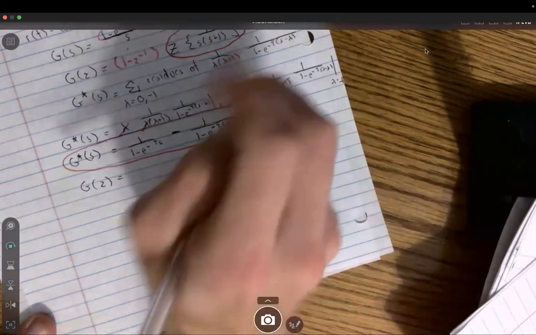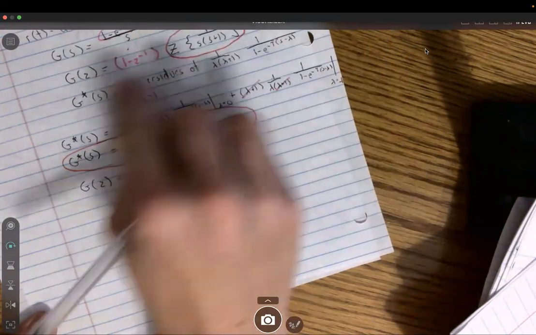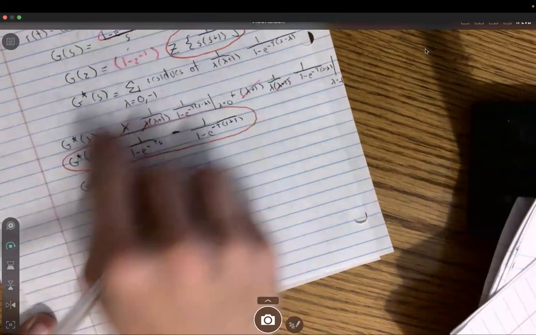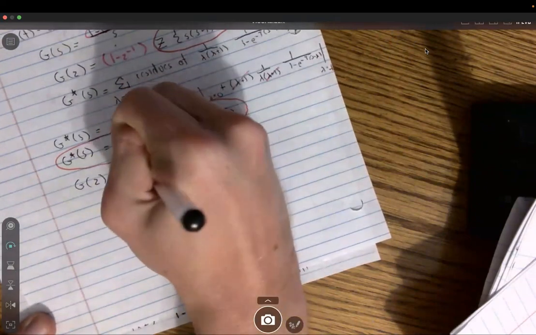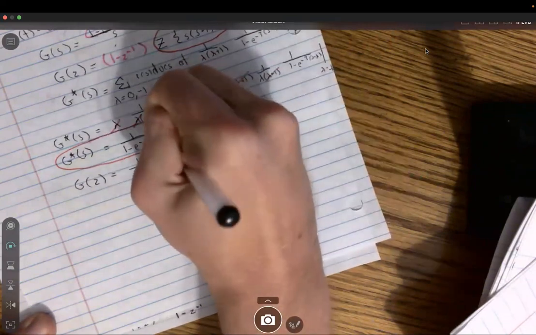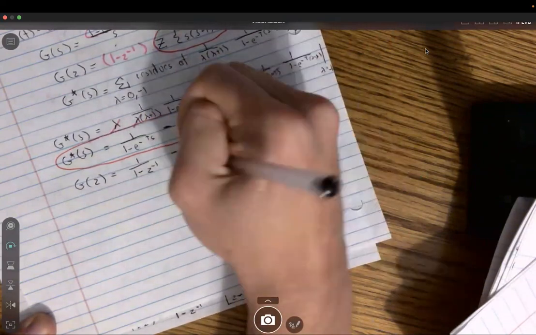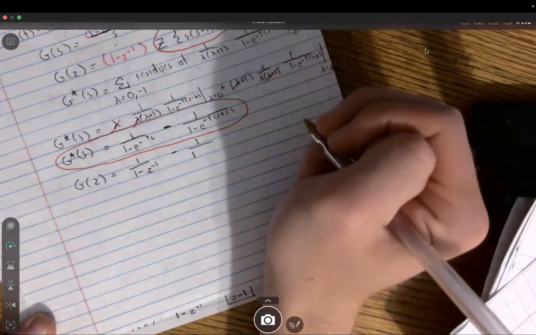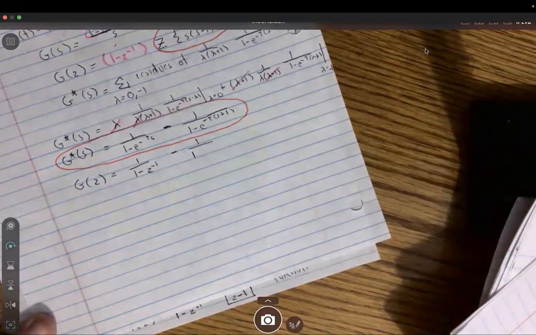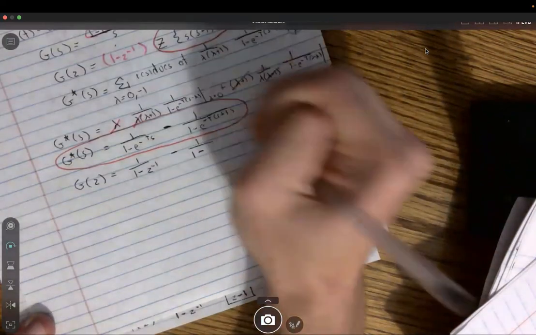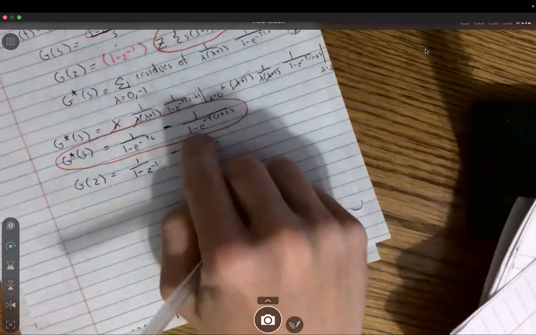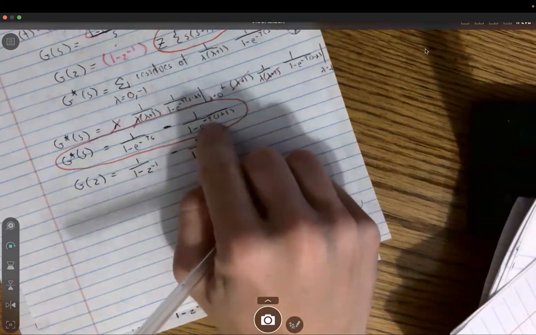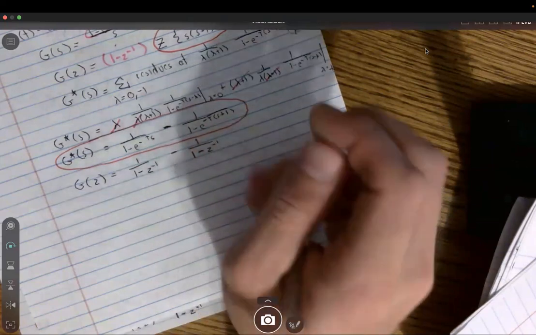for G(z), I should probably just call this term something else, but our G(z) is 1 over 1 minus z to the negative 1, minus, and then here we're going to get 1 over 1 minus z to the negative 1 times e to the negative t, because we have e to the negative t, we would keep that down.